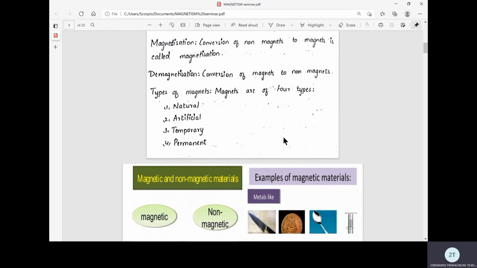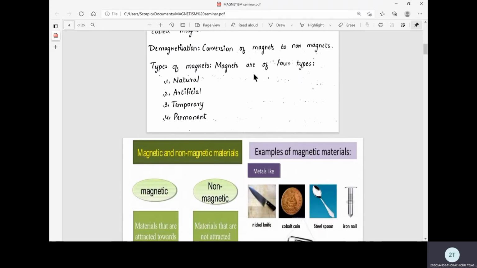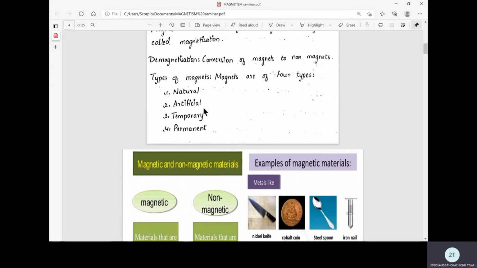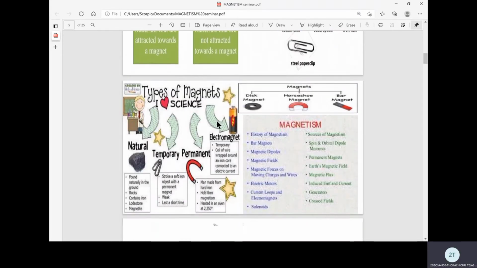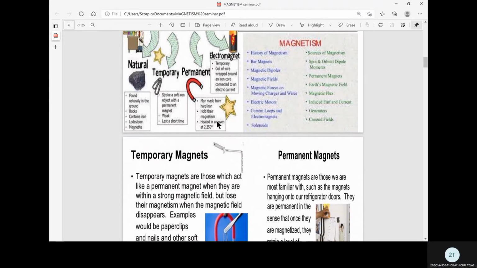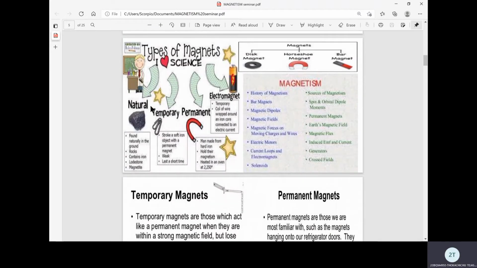On the basis of nature, magnets are divided into four types: natural, artificial, temporary, and permanent. Now, let's see them in detail. What are natural magnets? Those which are naturally found in the ground, on the earth, easily, in rocks, in iron ores and magnetite ores, lodestone, and which are available naturally in our environment, are natural magnets.